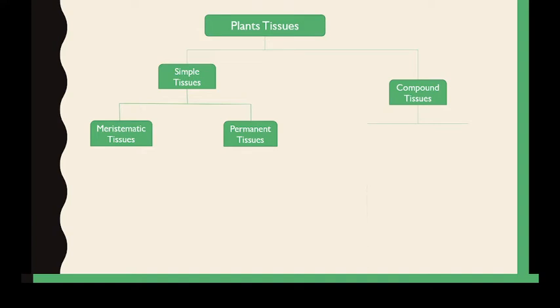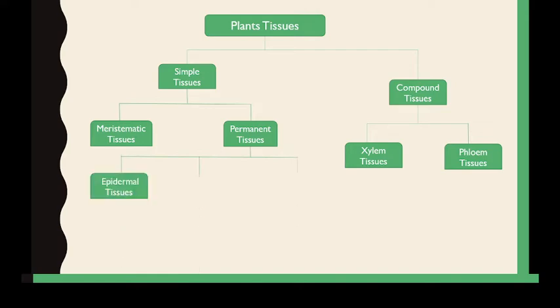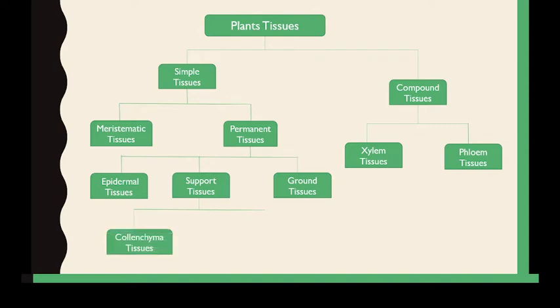And compound tissues are again divided into two types: xylem tissues and phloem tissues. Permanent tissues are again divided into three types: epidermal tissues, support tissues, and ground tissues. Support tissues are again divided into two types: the collenchyma cells and the sclerenchyma cells.